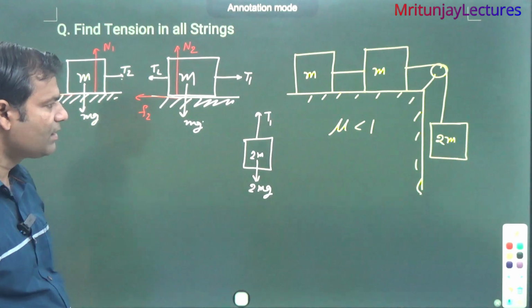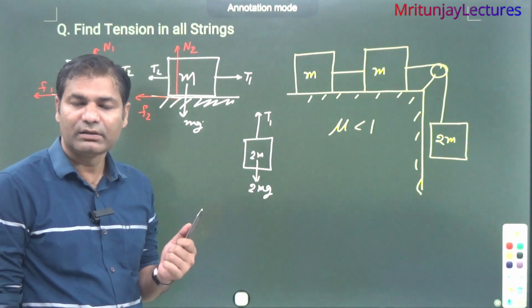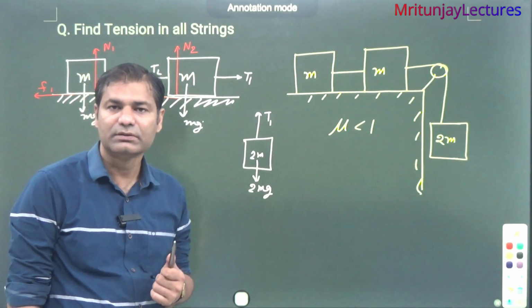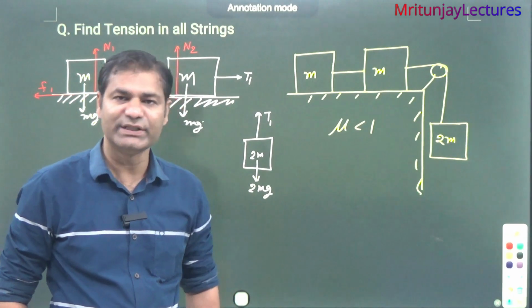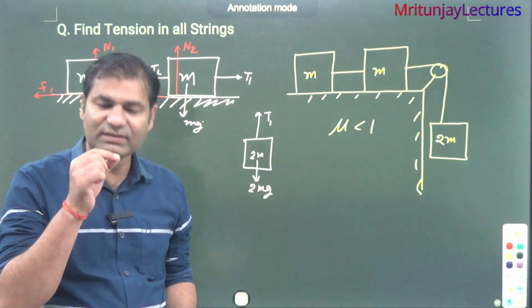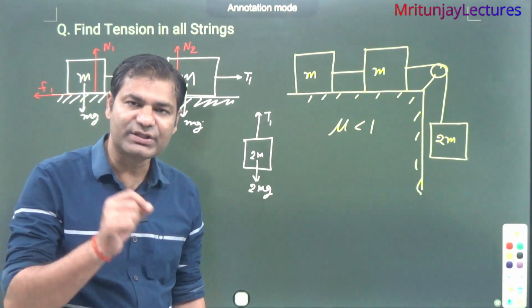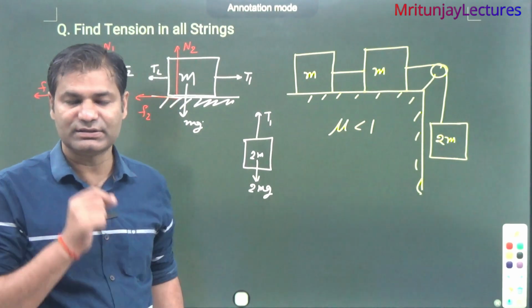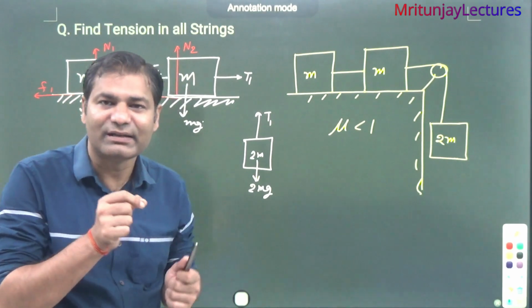Now, first of all check whether motion of this whole system is allowed or not. Is the whole system moving or not? How can we check? You can consider that at t equal to 0, just as motion starts, what about a?